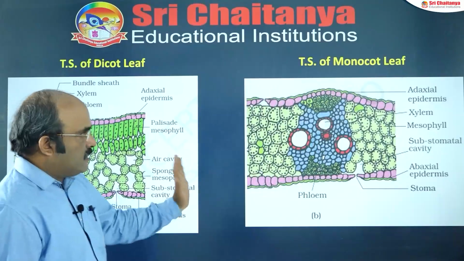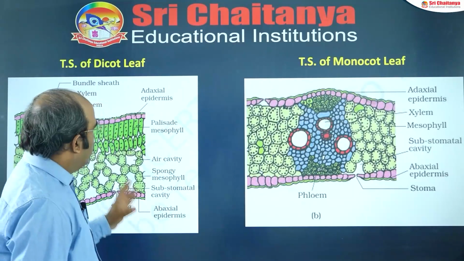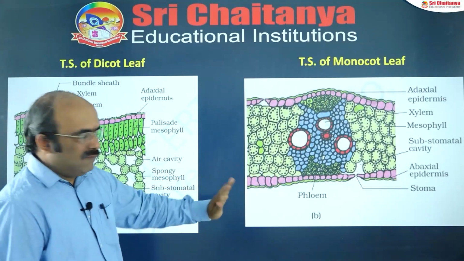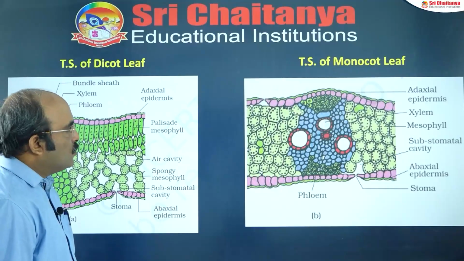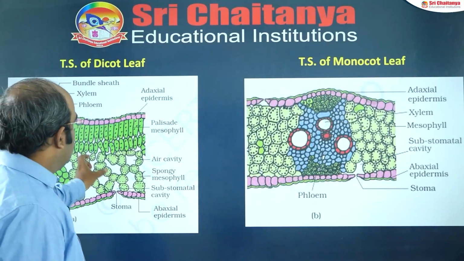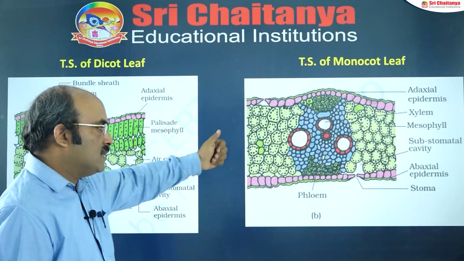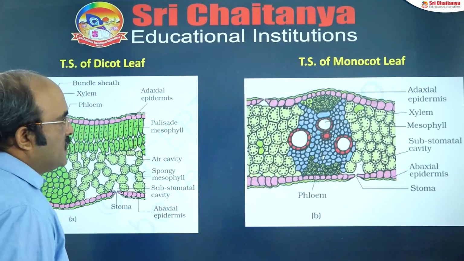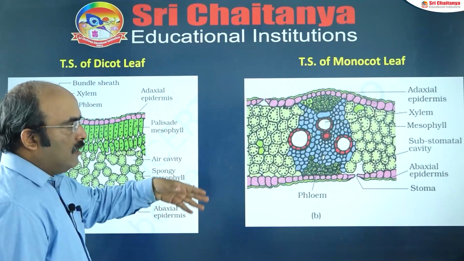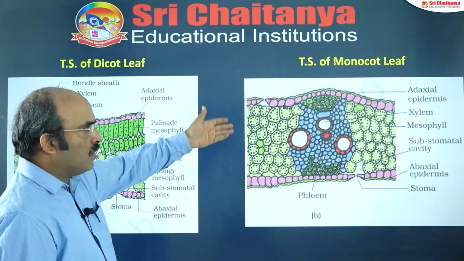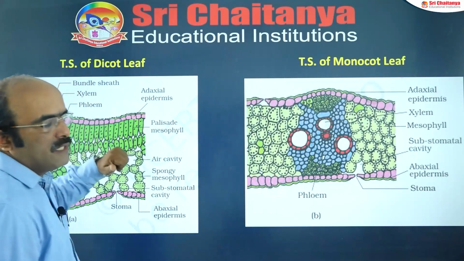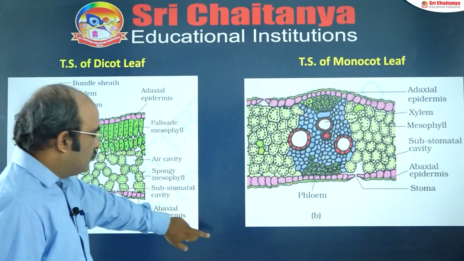Now in comparison of these two, that is the dicot leaf and monocot leaf, when you identify, you could see the main point here where the difference in mesophyll is clearly seen, and you also have special cells called bulliform cells in monocot leaf, which are absent in the dicot leaf.